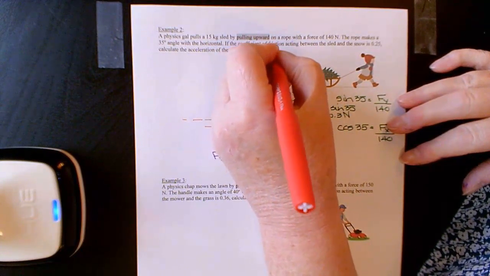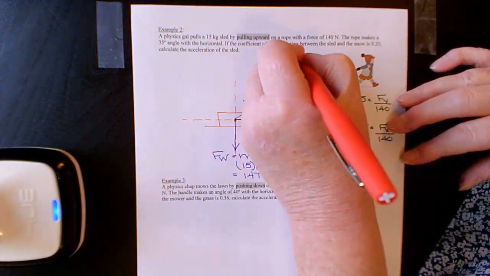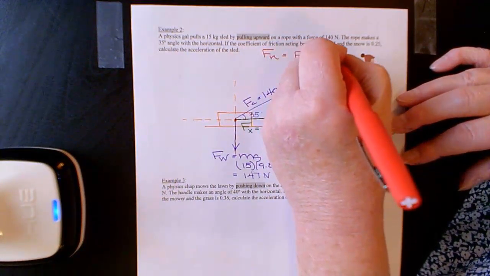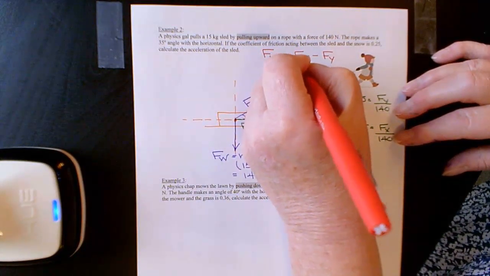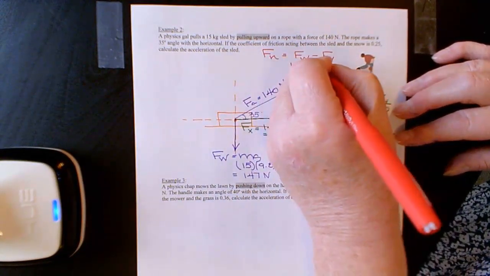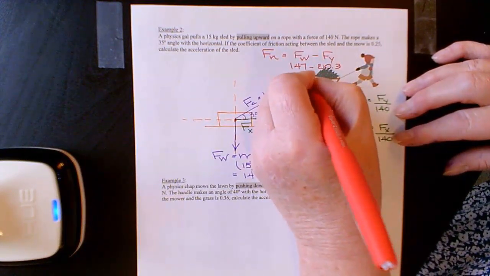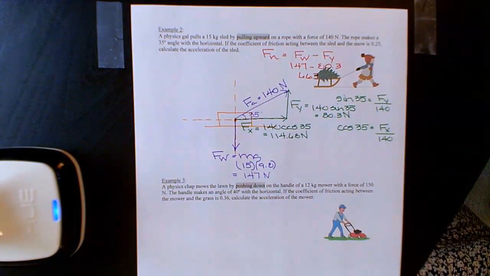So the normal force is going to be the force pressing down minus the force that's going up. So if I subtract that, I have 147 going down and 80.3 going up. That subtracts to 66.7 newtons.